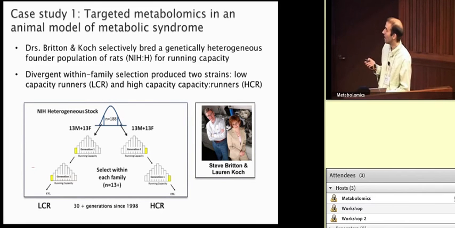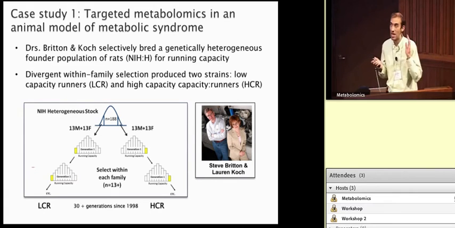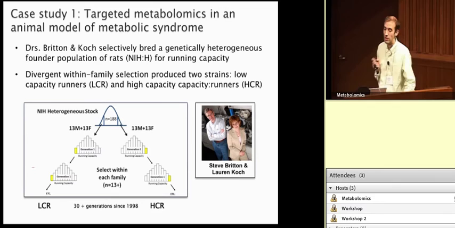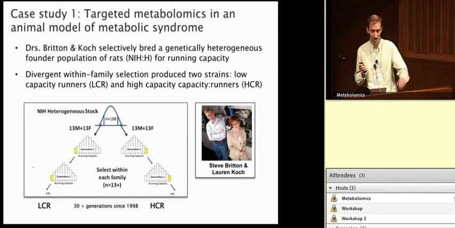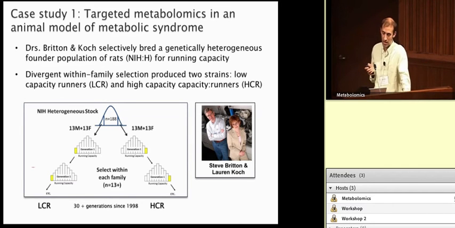And to do that, Dr. Barant and our collaborators, Steve Britton and Lauren Koch, developed an animal model of high and low exercise capacity in order to look at the alterations in many parts of the phenotype that determine exercise capacity.